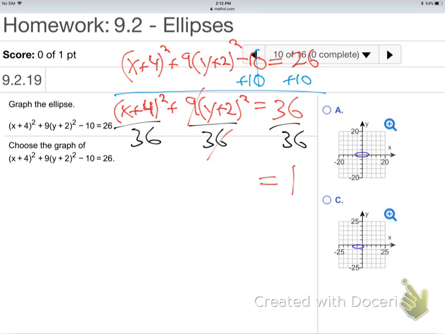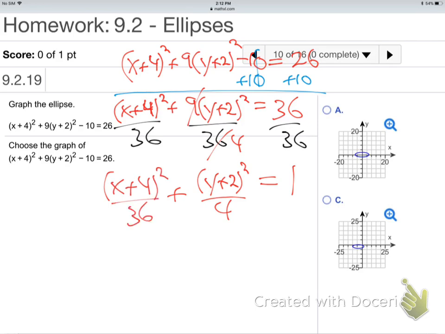That's 1. 9 goes into 36 4 times. Good to there? Okay, let's go dot, dot, dot. You know the rest, right?